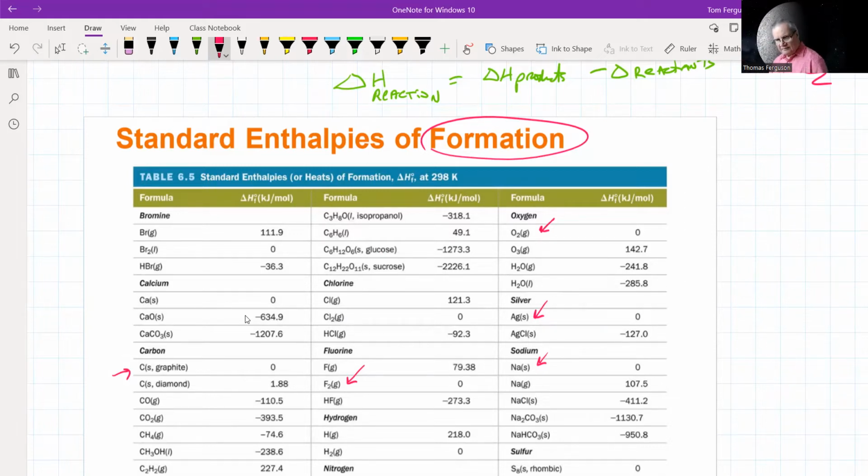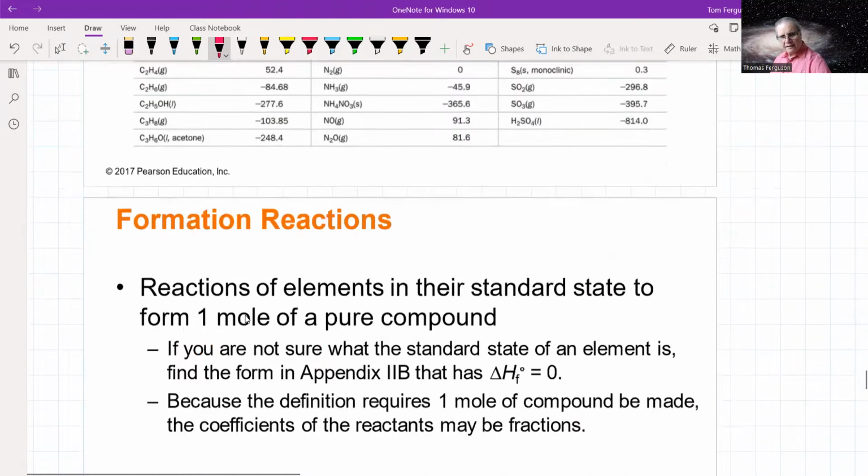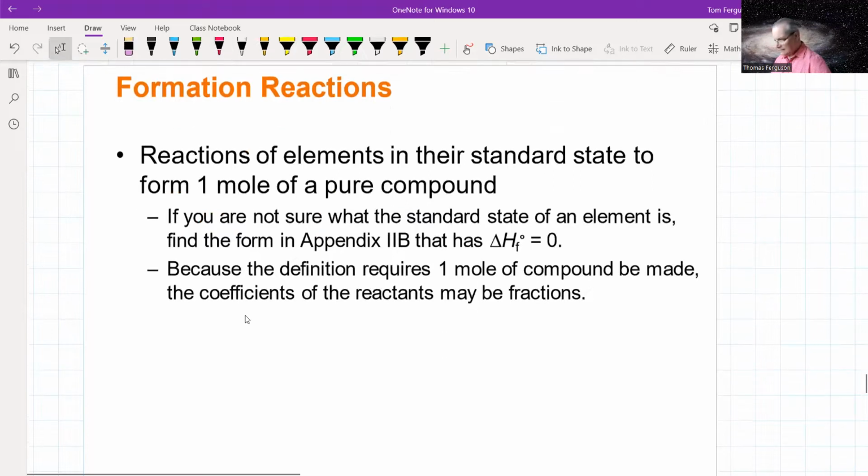Nothing's really going on there, hence the zeros. Everything else has either a positive delta H or a negative delta H. These tables get quite expensive. And these are per mole of the compound.